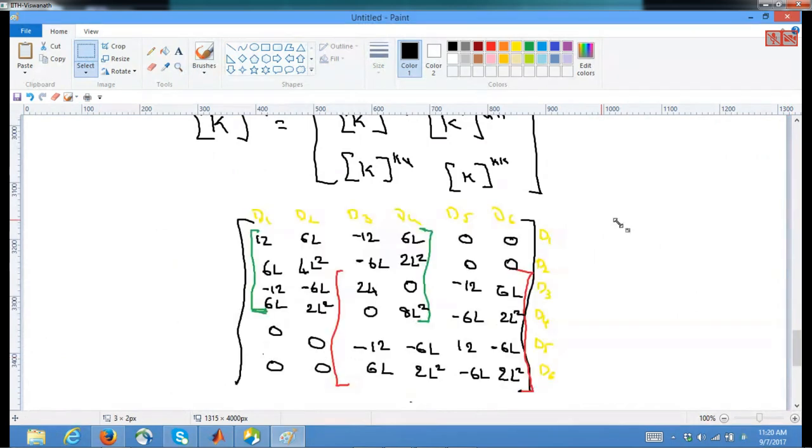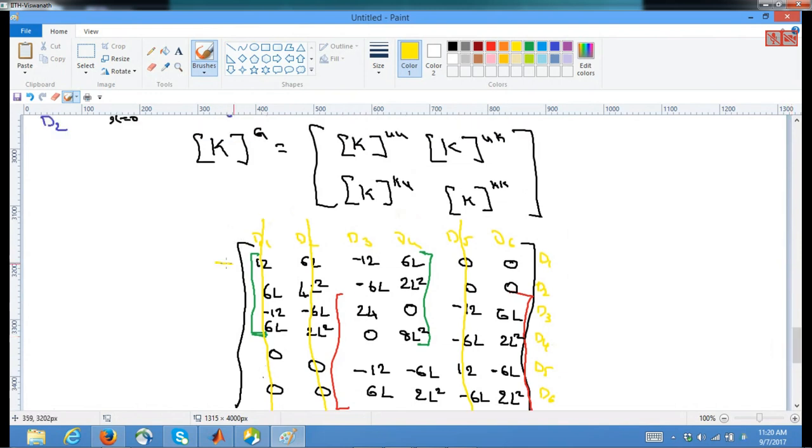D1 is known to me, so this is struck off. D2 is also known, so this is struck off, and D5 is also known, so this is struck off. Similarly, in the columns also, I strike off D1, D2 and D5.